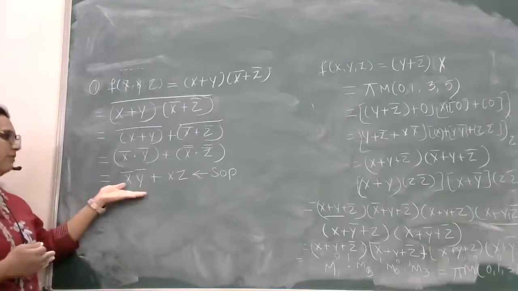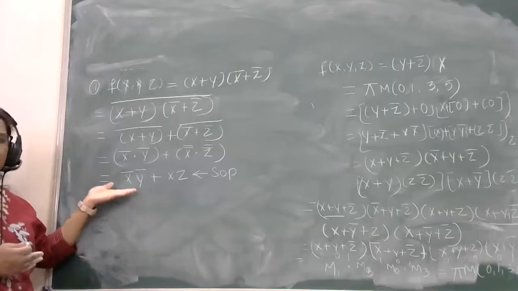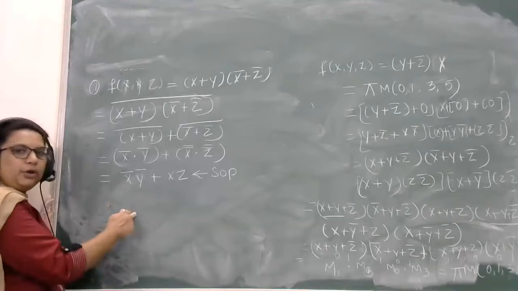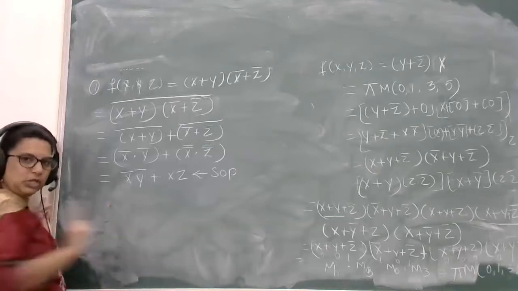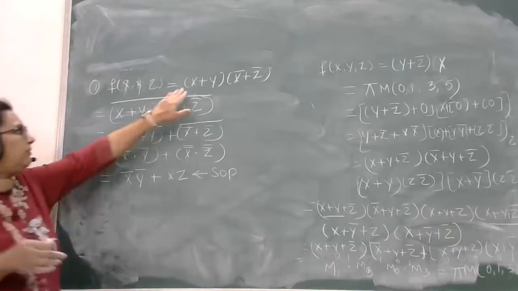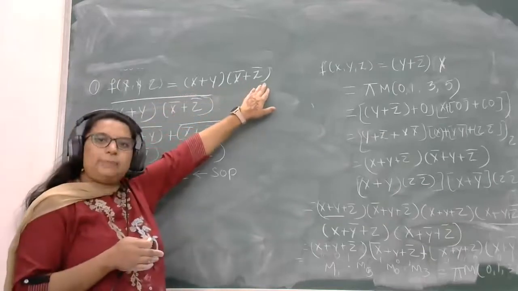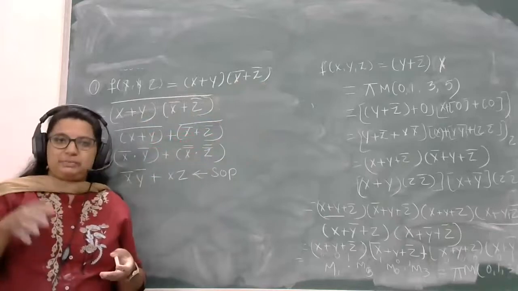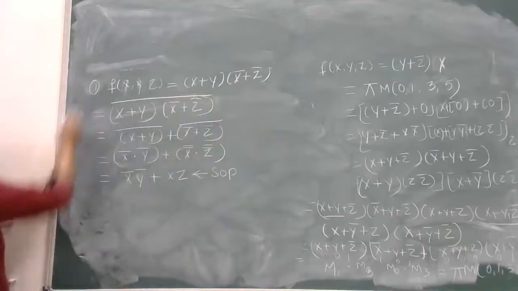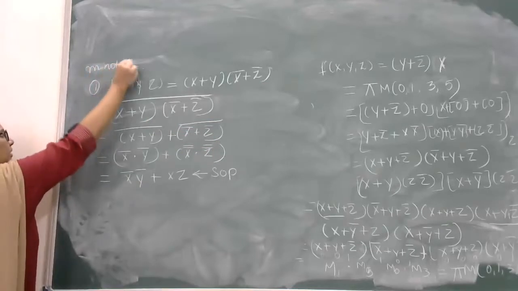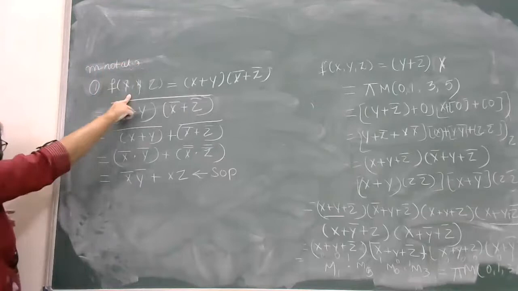So now you have an SOP form, and if you want to write it in a small m notation, how do I do that? Then convert this into canonical form and write the m notation, correct? So if you are given an expression as a POS form, and you are asked to represent the expression using a small m, not a big M. This generally directly leads to a big M notation, right?